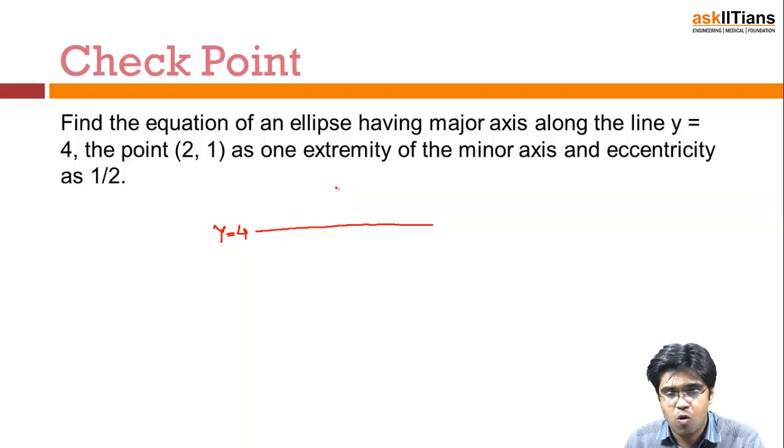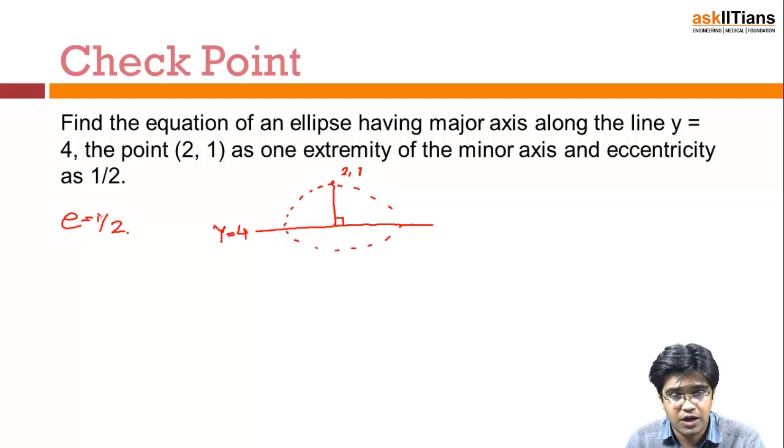The point 2 comma 1 is one of the extremities of its minor axis, and the ellipse looks somewhat like this. The perpendicular distance from this point to the major axis is the semi minor axis. Its eccentricity is given as 1 by 2. We need to find the equation of the ellipse.